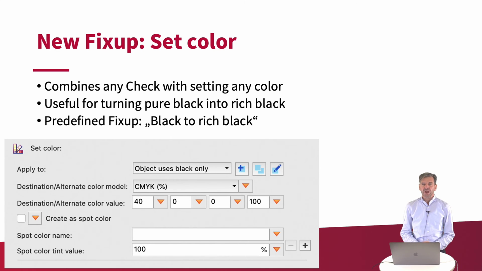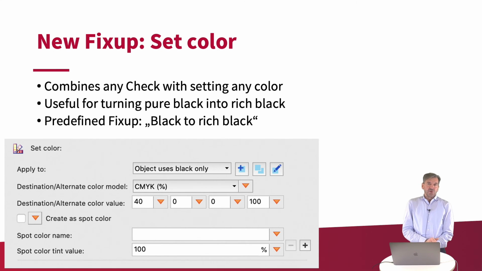It's just a check that can identify objects or pages, but in this case it's objects. So it would find any number of objects, and this number of objects would all get a new color. So any objects that are found by this check would now get a new color, and then that color could even be a spot color.